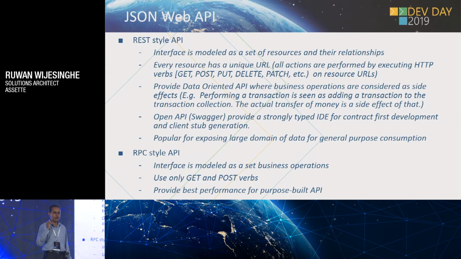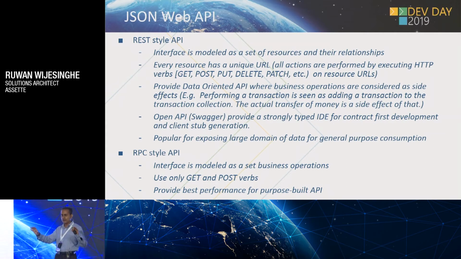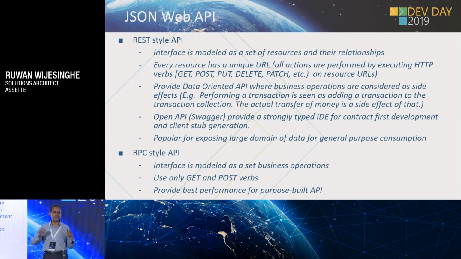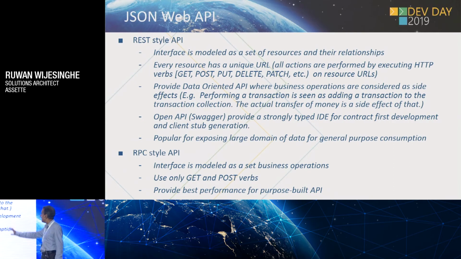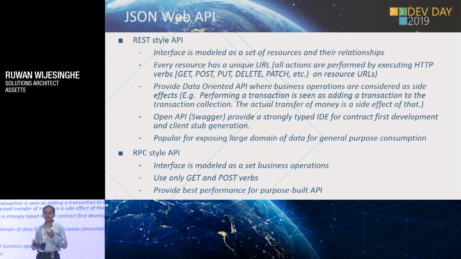Because it will be closer to the application, and you can give better performance because it's purpose built. Whereas the real REST style is good when you don't know what your information API is going to be used for. If you want to expose all the features of your whole business domain, REST will give a better way of exposing your information to the world.